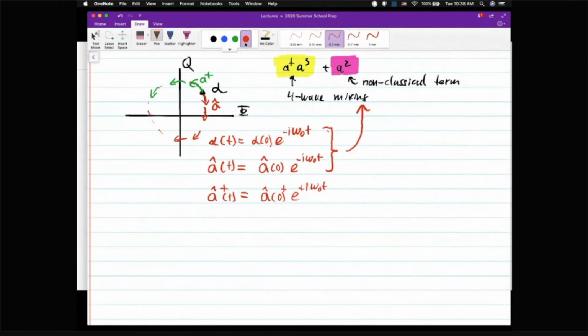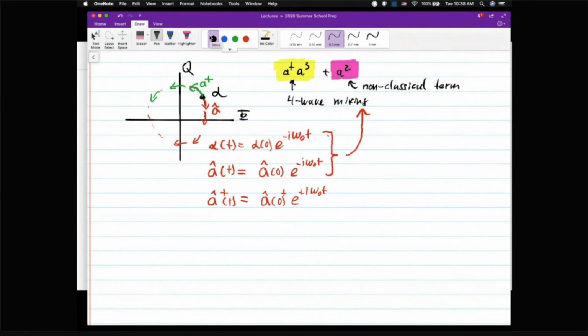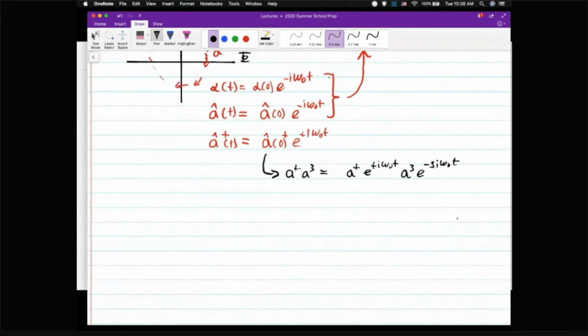If I substitute this dynamic picture back into the equations above for the terms, you notice the terms that look like, say, A dagger A cubed in this picture will combine to say A dagger e to the plus I omega naught t times A cubed e to the negative 3I omega naught t, which we can then say is equal to A dagger A cubed, and then we can combine the two oscillations into e to the negative 2I omega naught t.